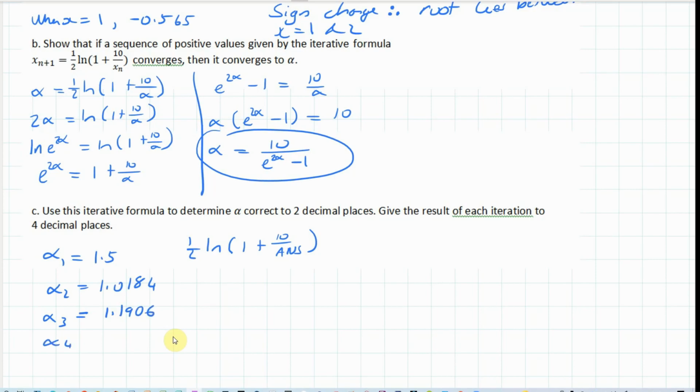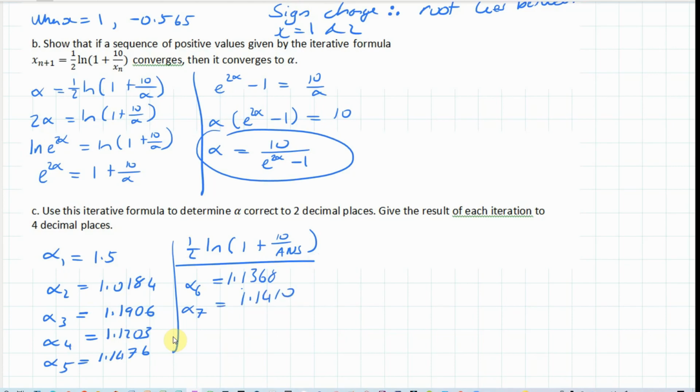Alpha 3 equals 1.1906. Alpha 4 equals 1.1203. Alpha 5 equals 1.1476. Alpha 6 equals 1.1368. Alpha 7 equals 1.1410.